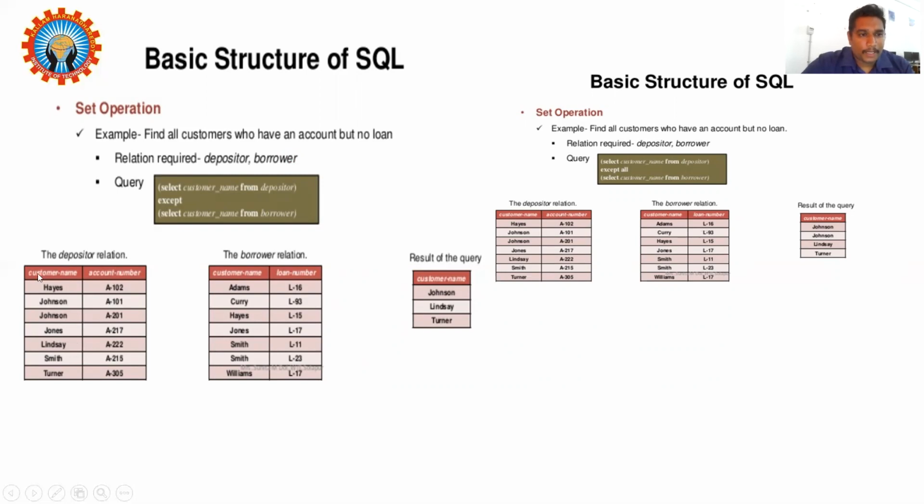Here this is the attribute name and this is the attribute name in the other relation. If you consider the other relation, whatever data is there is omitted. Johnson data is not available here, so we take that data. Jones is available, so we omit the data. Next, Lindsay is not available there, so Lindsay will be in the result.